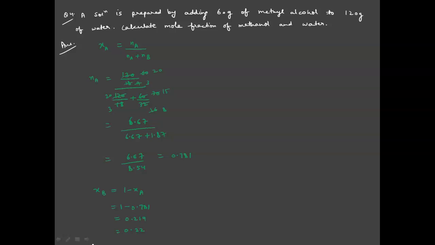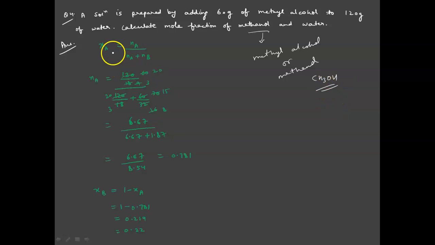Now comes another question. A solution is prepared by adding 60 gram of methyl alcohol to 120 gram water. Calculate mole fraction of methanol and water. You can say methyl alcohol. You can say methanol. Okay. Don't make yourself confused. CH3OH. Okay.